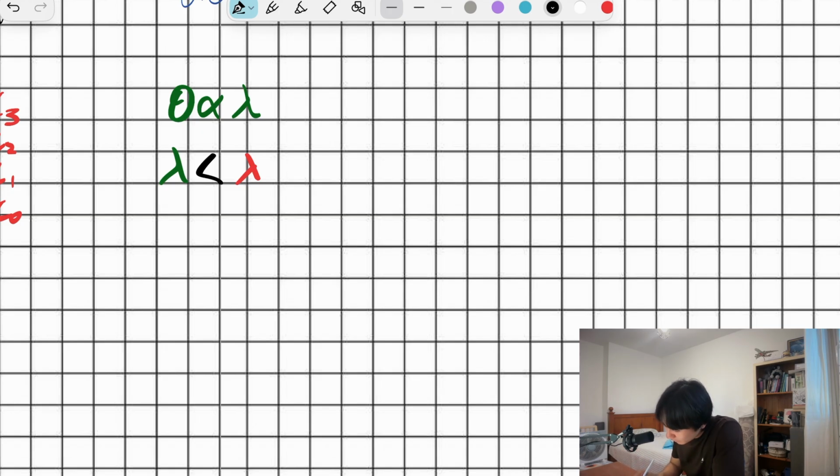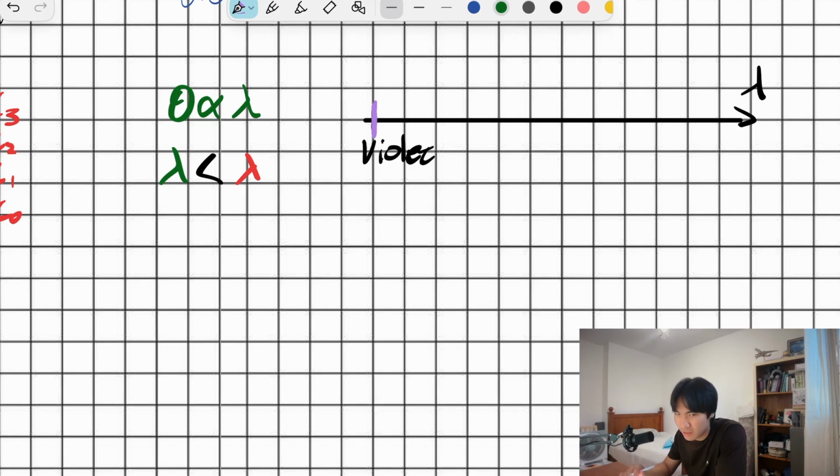Because if you look at the visible region, say that this is increasing wavelength, right? You know that the shortest wavelength is violet, right? Not purple, violet. These are two different colors. I mean, they're the same thing. One refers to a more scientific terminology, the other refers to a more, I guess, artistic terminology.